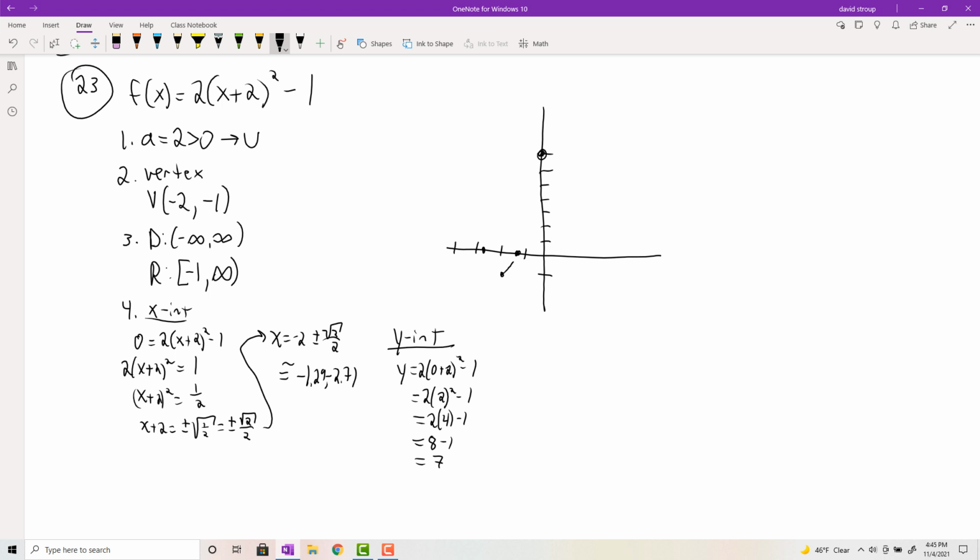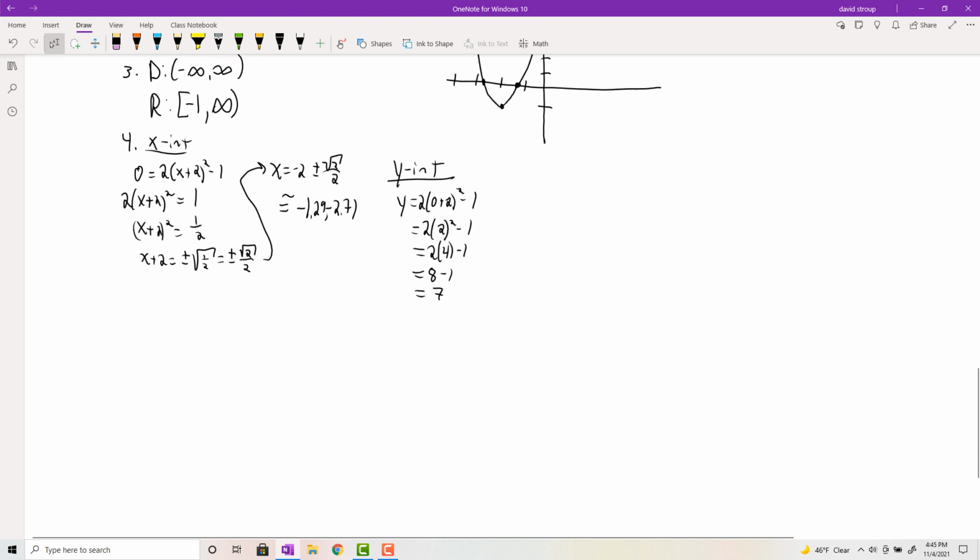And that'll do it. Okay, so just connect the dots. I butchered that, I'm sorry. It should hit the y-axis at 7. I just kind of butchered it, so hopefully, within reason, make sure it looks nice. And yeah, okay. So there's those kinds.